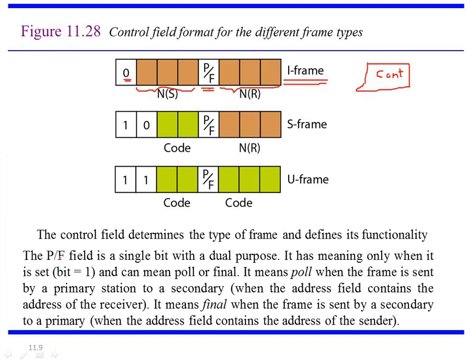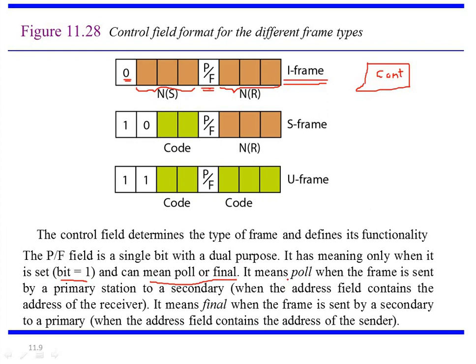Let us understand. P and F serve a dual purpose. It is a single bit. When the bit is set to 1, it means either it is a poll or it is a final. So P means poll and F means final.